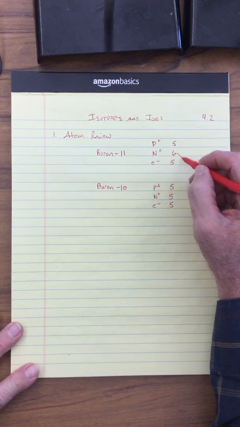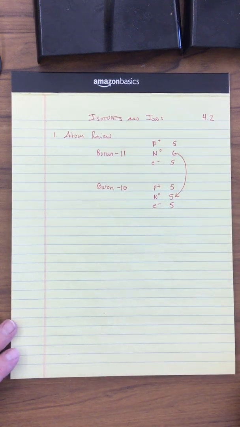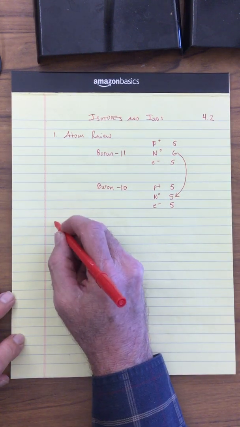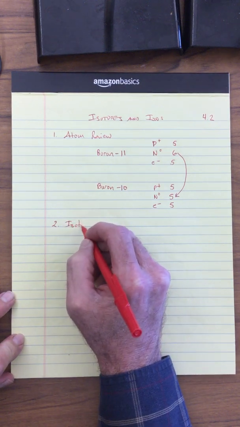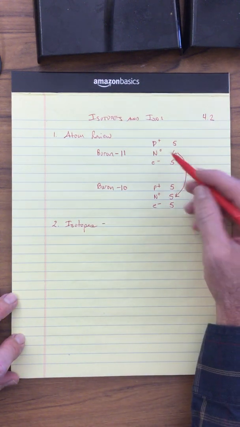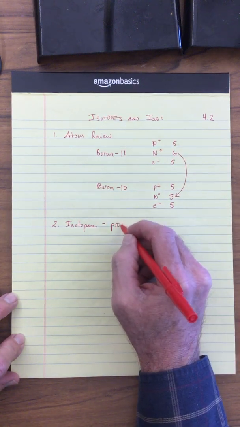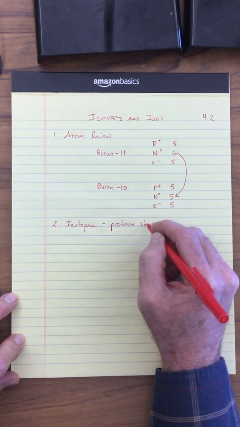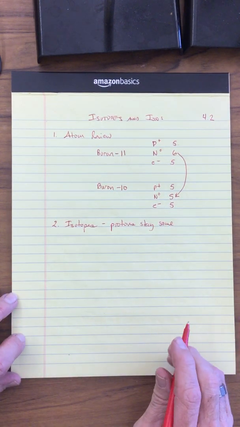So this is going to be an isotope of boron, and that's what we're going to be taking a look at right now, and these are called isotopes. And the definition of isotopes is the protons stay the same. Notice how it's 5 and 5. So the protons stay the same, meaning the number does not change.